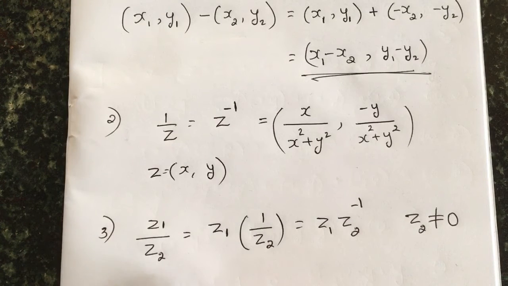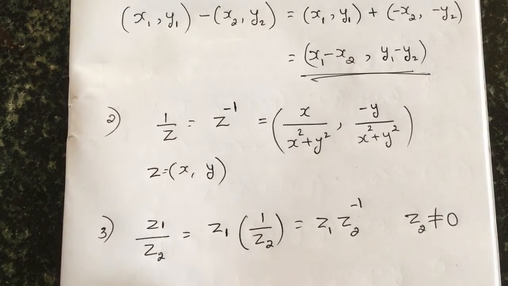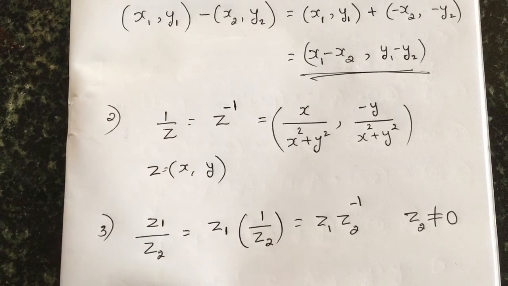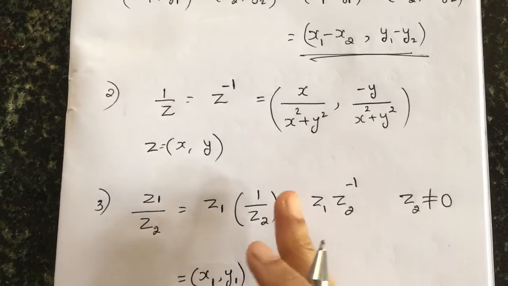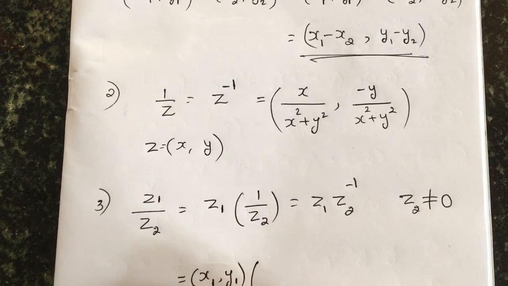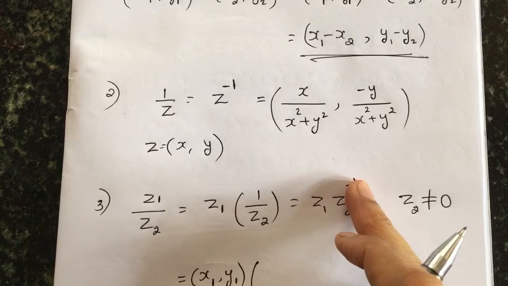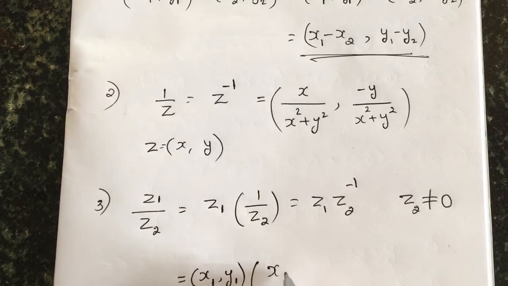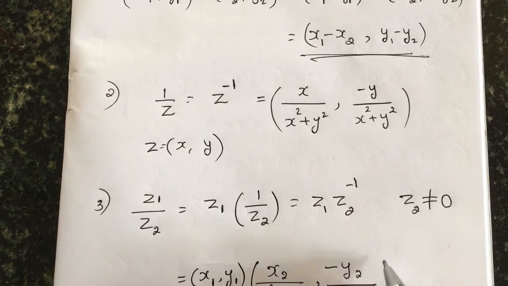So how is this? Let us write that z1 is, in terms of an ordered pair, x1 comma y1, and 1 by z2, or z2 inverse, is x2 by x2 square plus y2 square comma minus y2 by x2 square plus y2 square.